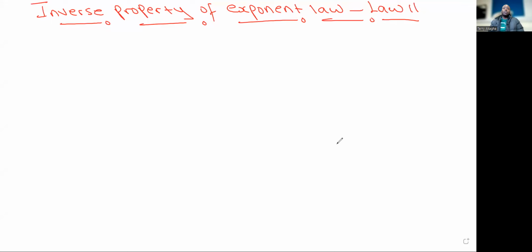Now, the inverse property of exponent law states that raising the logarithm of a number to its base is equal to the number, all right? I'm aware most of you do write, so I'm going to just write it down before I state the law.